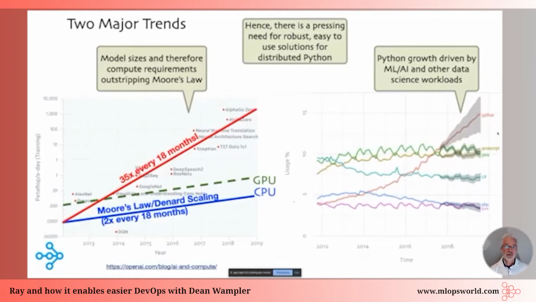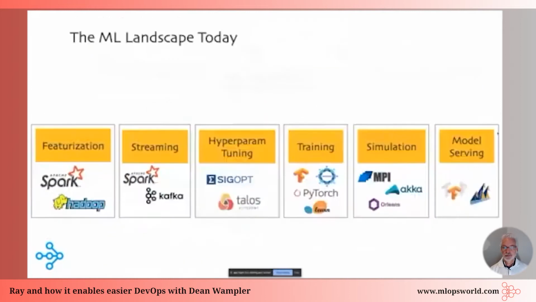So they really need something that's robust, but really easy to use to distribute Python applications. Now I'm going to stick with Python for the rest. It turns out Ray is actually flexible enough for other languages, and we even have an early version of a Java API, but mostly we're targeting Python developers right now.